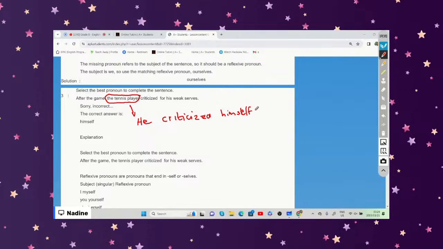So he criticized himself for his weak serve. And like we said, the tennis player, we can basically substitute that word with he. And then himself refers back to the pronoun he.